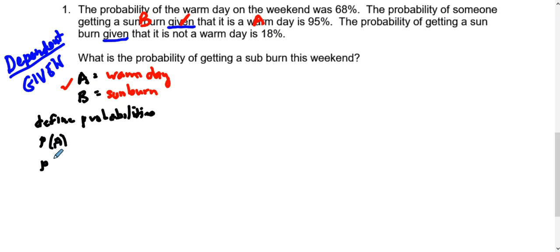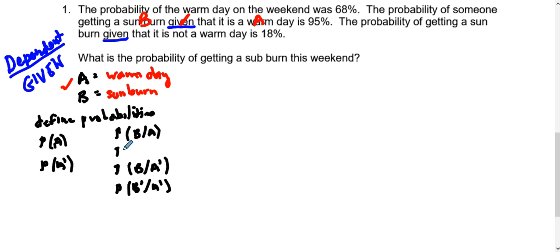I have the probability of A, the probability of A prime, the probability of B given A, because it says that in the question, the probability of B given A prime, B prime given A prime, and B prime given A. We should be able to define these from up there.